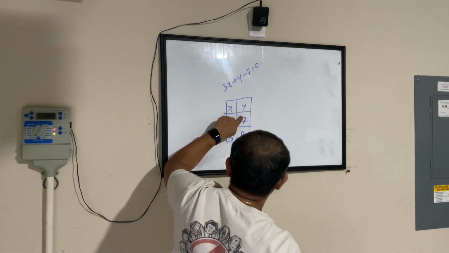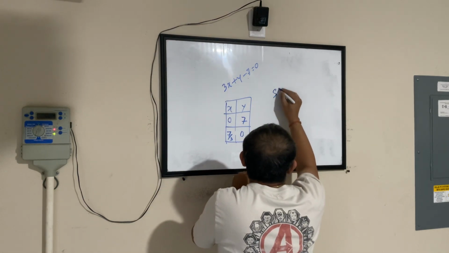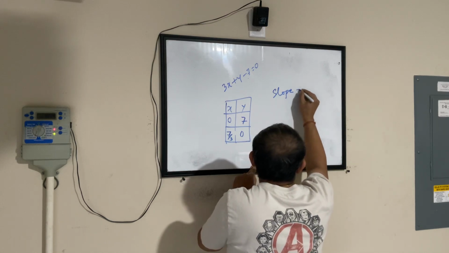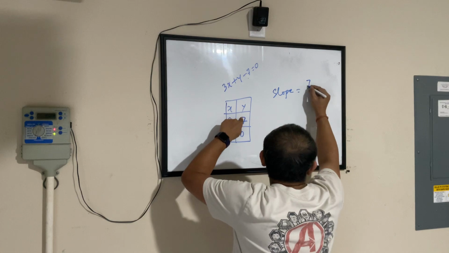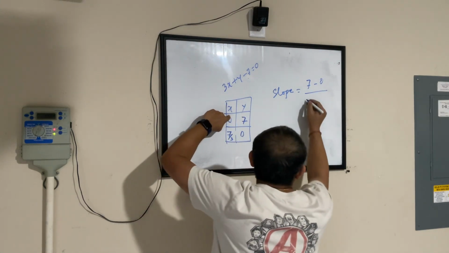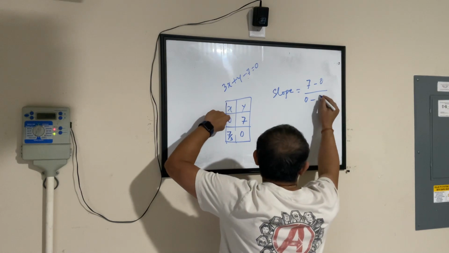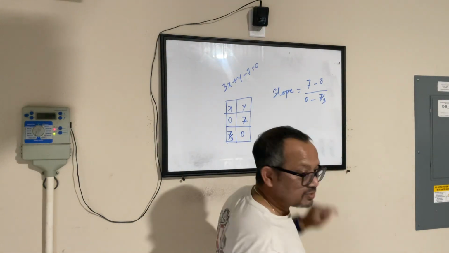How much did y change from 7 to 0? So I'm saying slope equals how much y changed, 7 minus 0, divided by change in x, 0 minus 7 by 3. Okay? Whatever. This is my slope.